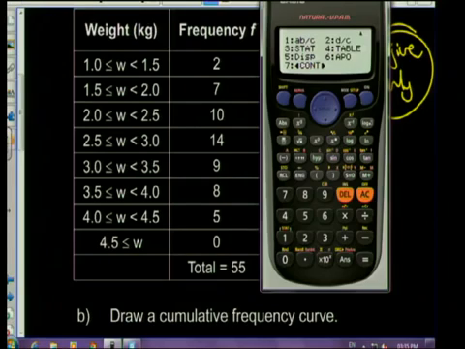So when I click on 3, it says, do you want the frequency on or off? I'm going to say I want the frequency column on. Now, unless I change the setting, the frequency column will always be on this calculator. For every question I ever do in stats, the frequency column stays on. Leave it on. If you didn't need the frequency column, it won't make any difference. However, if you need the frequency column, it will be there.